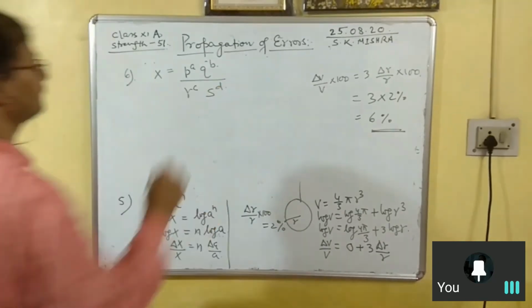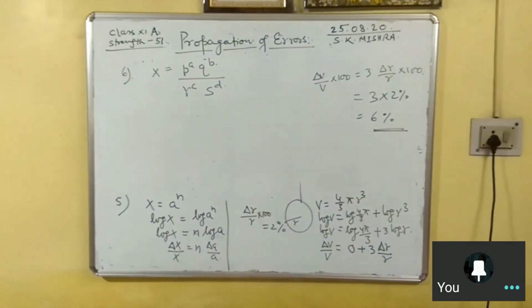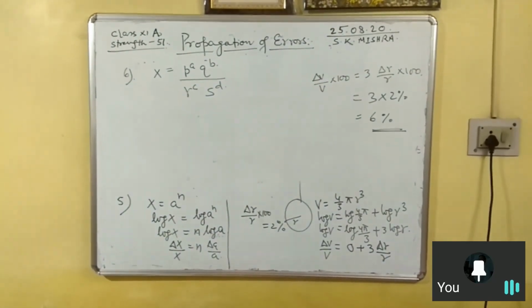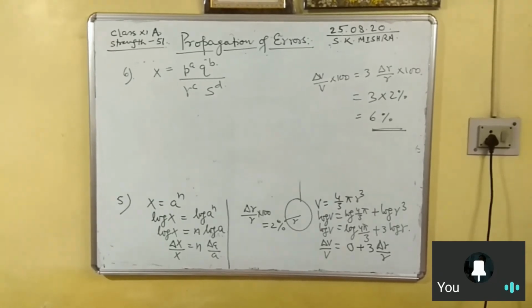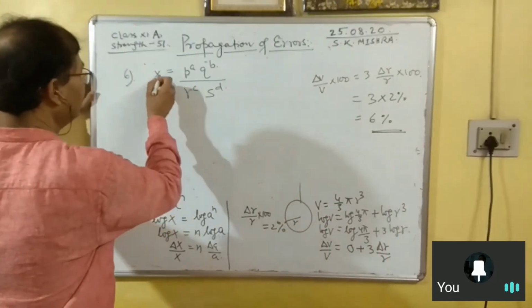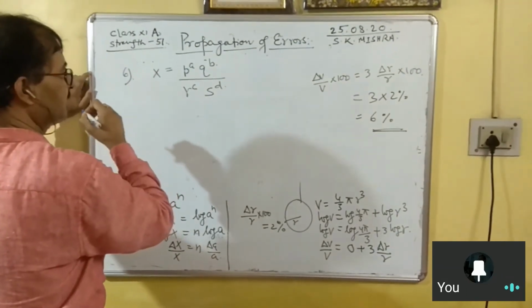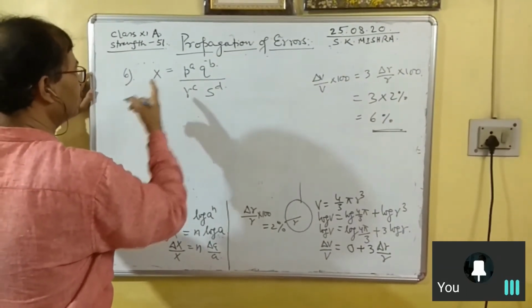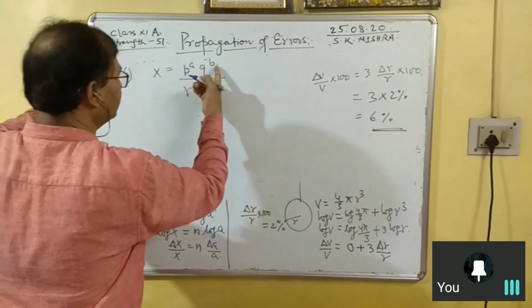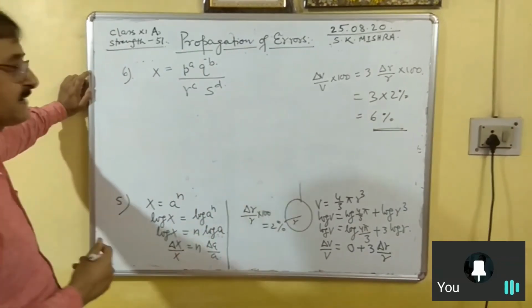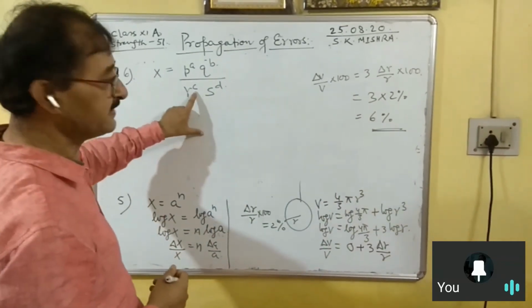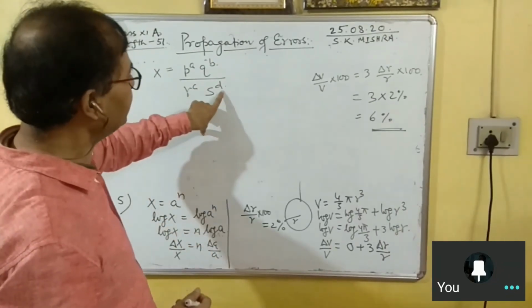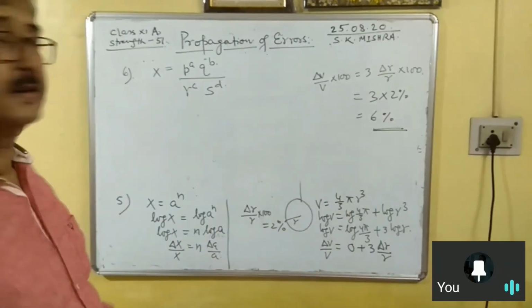That is, p raised to a, q raised to b, r raised to c, s raised to d. And then you have to find the relative error in x. So if the absolute error in P is plus minus delta P, the absolute error in Q is plus minus delta Q, the absolute error in R is plus minus delta R, and the absolute error in S is plus minus delta S.